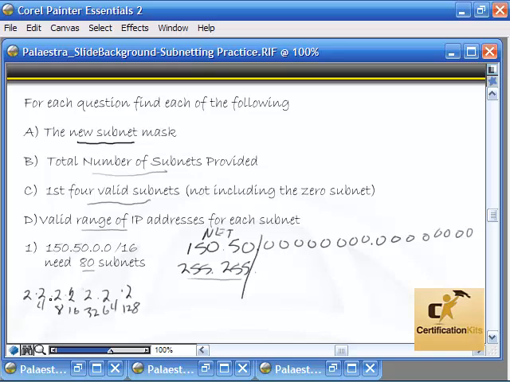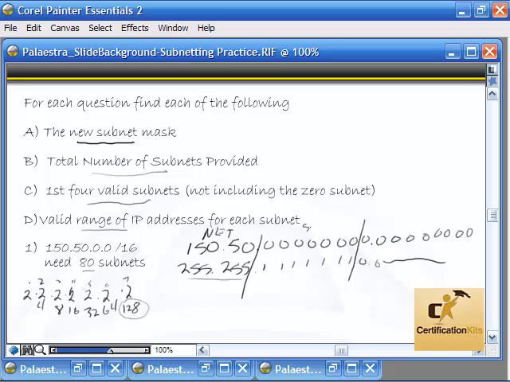I go, okay, how many binary spaces does it take to get 128 combinations of zeros and ones? 1, 2, 3, 4, 5, 6, 7 of them. So what that tells me is to add 7 more bits to the subnet mask. The rest are going to be zeros.